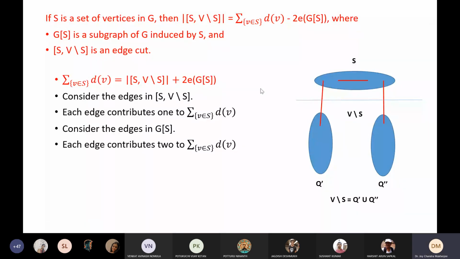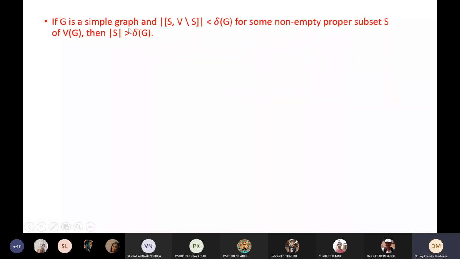Okay. The next theorem is: if G is a simple graph, and for the edge cut (S, V minus S) the size is less than delta G for some non-empty proper subset S of the vertices, that is, strictly less than delta G, then mod S, the number of vertices in S, must be greater than delta G. Okay, so how do we prove it?